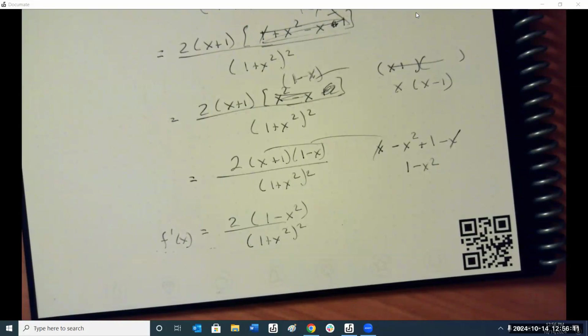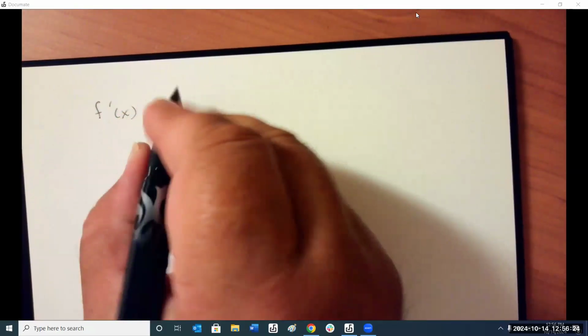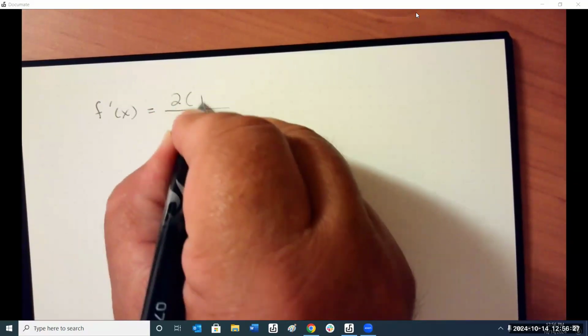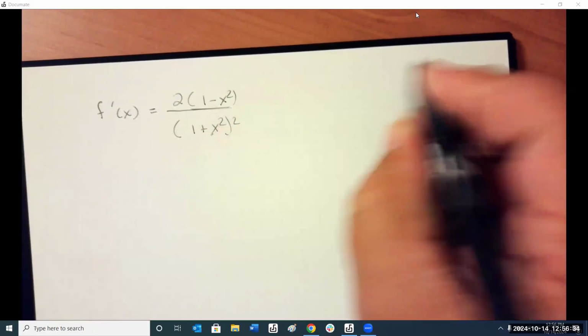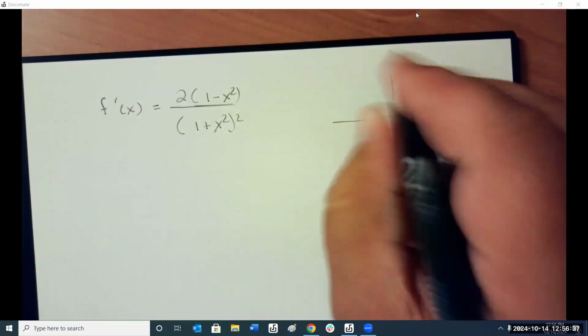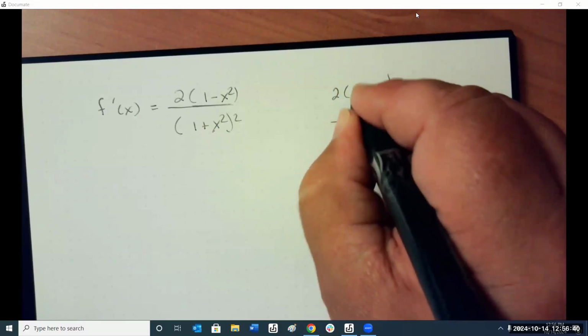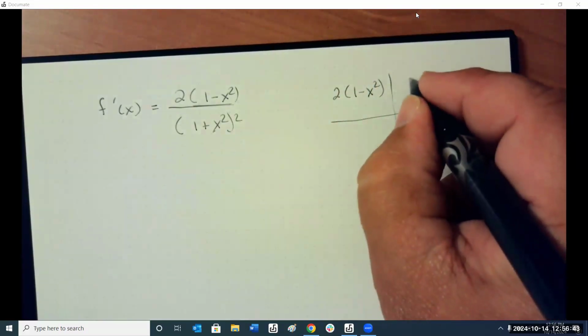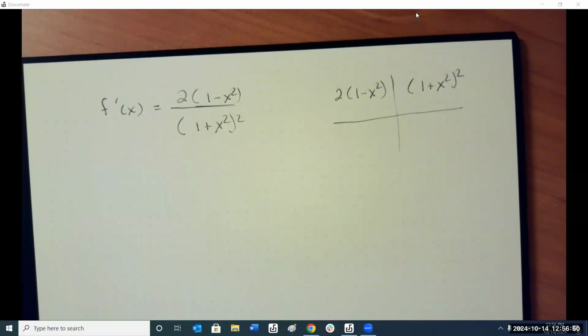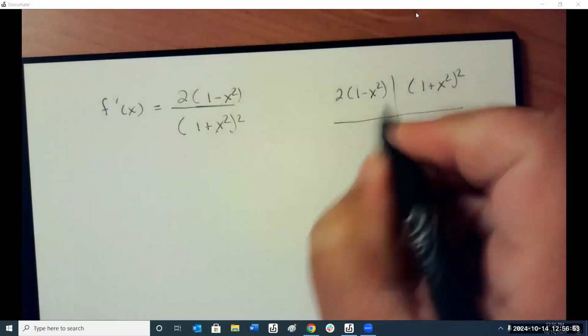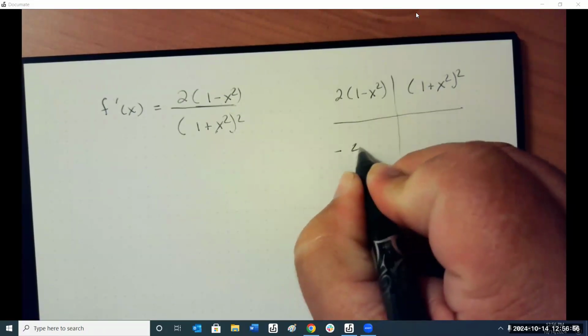I have to repeat the whole process to do the second derivative. 1 minus x squared over 1 plus x squared squared. So this one's going to be negative 4x.